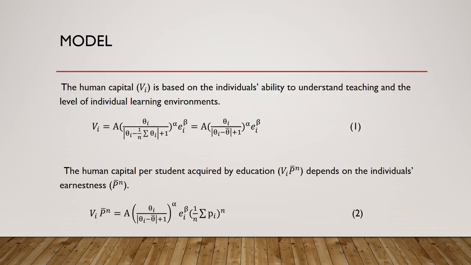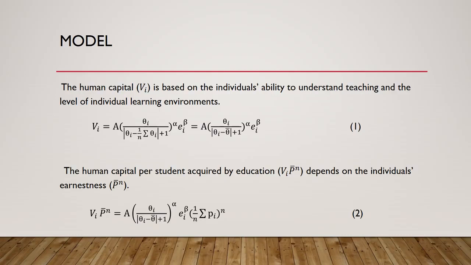Let's check the model. First, we assume that the maximal value of human capital of individual i acquired through education is written as equation 1. A is an exogenous variable. Theta i is the individual's ability to understand teaching.